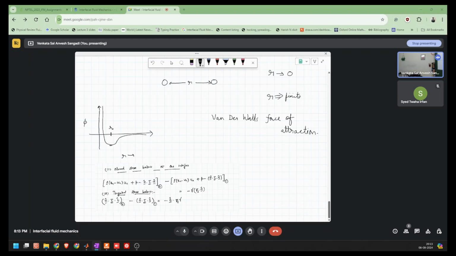So here we see van der Waals forces of attraction, and this is called the long range force. And as we go closer and closer, you feel the effects.